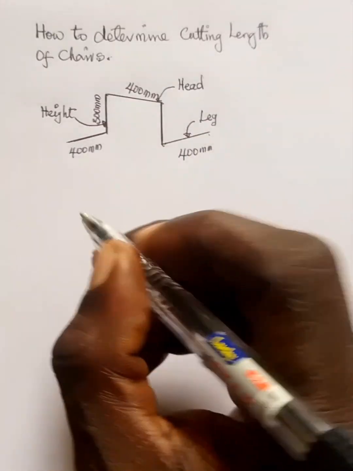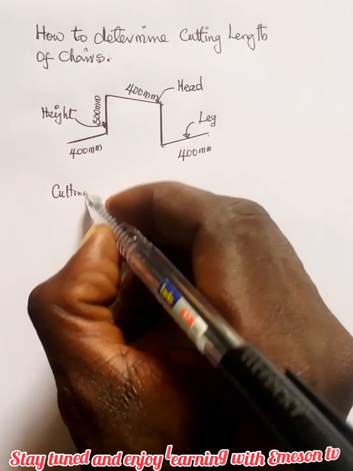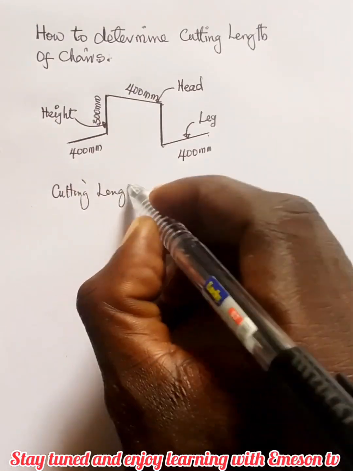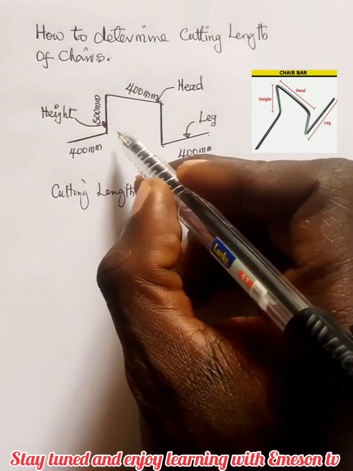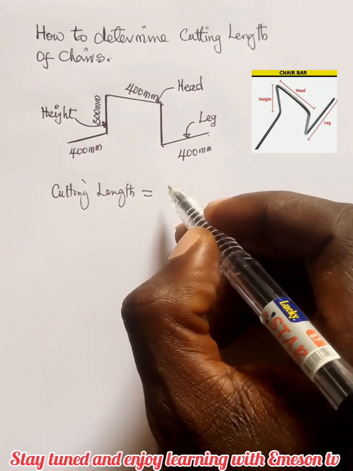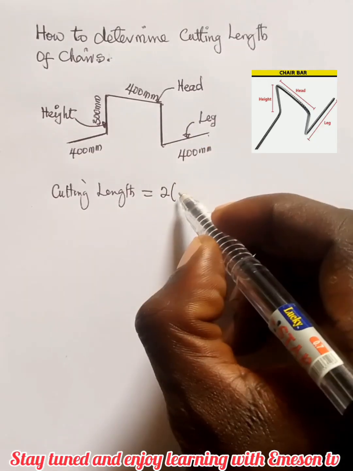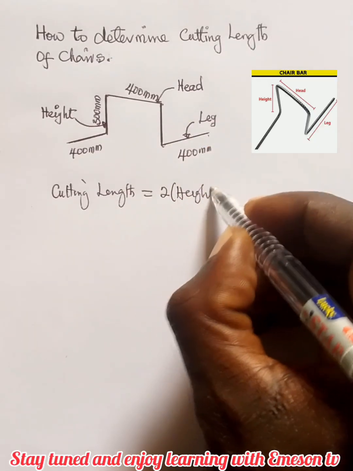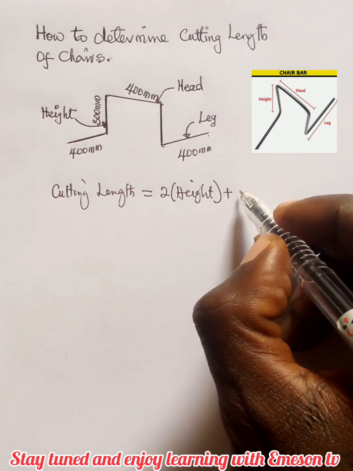So let's go. The cutting length is equal to, this is the height. The height is 2, this and this. That is 2 multiplied by the height. Plus the head is 1.